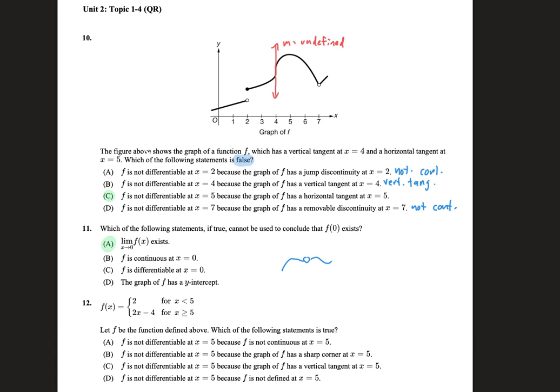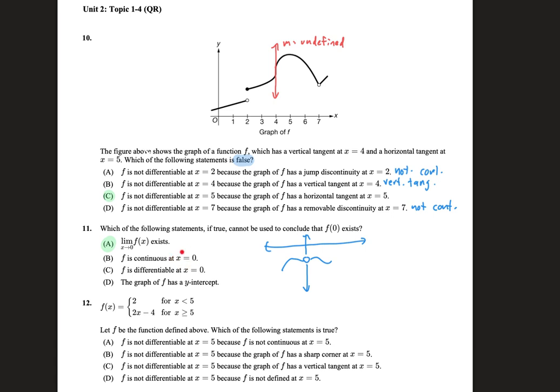Let's do this. Let's say this is the y-axis, and that's the x-axis. The limit as x approaches 0 exists because they approach the same thing from the left and right, but the function doesn't exist. So just because the limit exists doesn't mean the function exists. Here, if the function's continuous, then f of 0 exists because that's part of the definition of continuity.